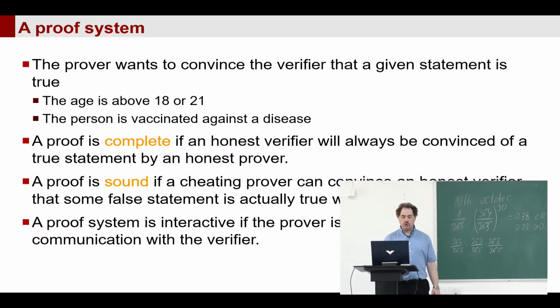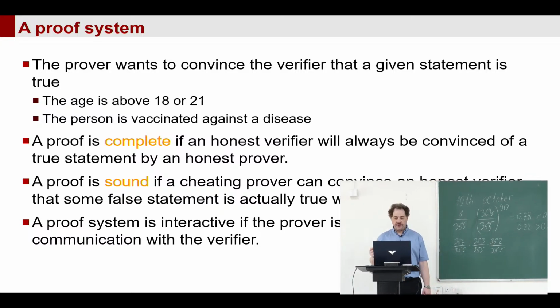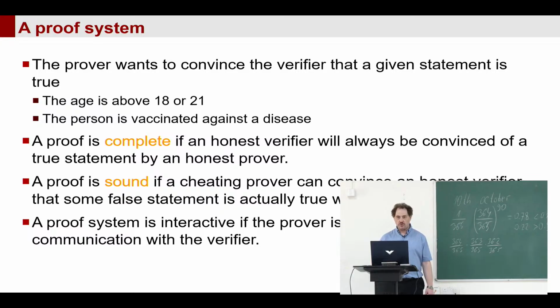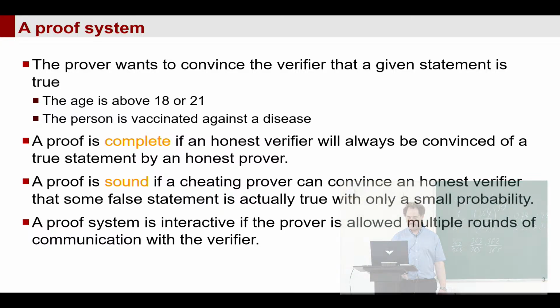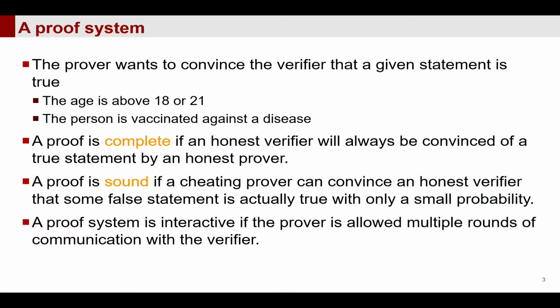A proof is called complete if an honest verifier will always be convinced of a true statement by an honest prover. A proof is sound if a cheating prover, so suppose I'm underage but I'm saying my age is 21, so I'm a cheating prover, can only convince an honest verifier that some false statement is true with a small probability.